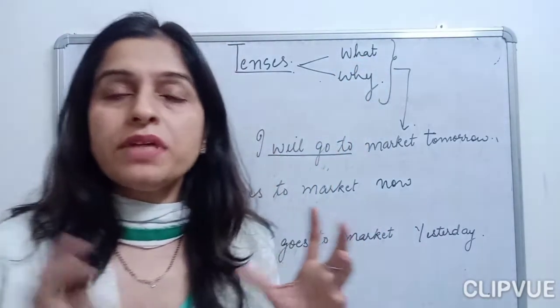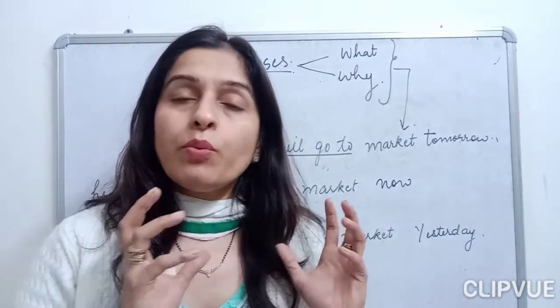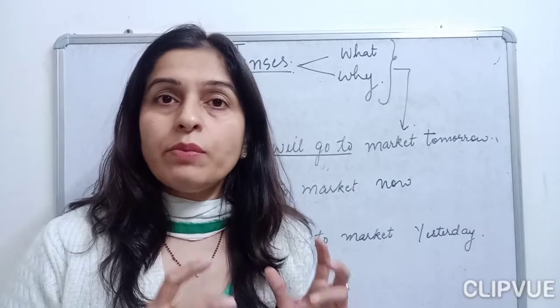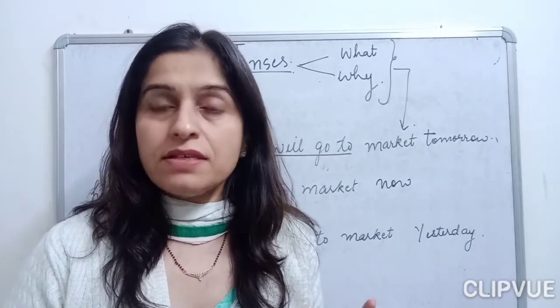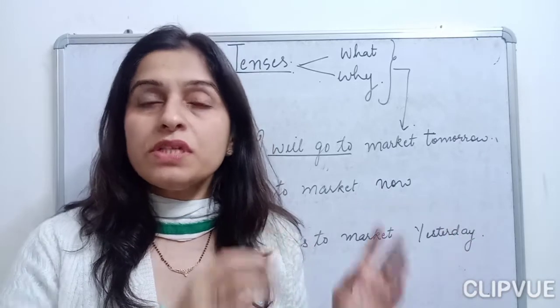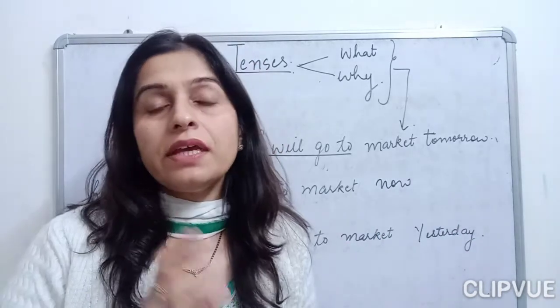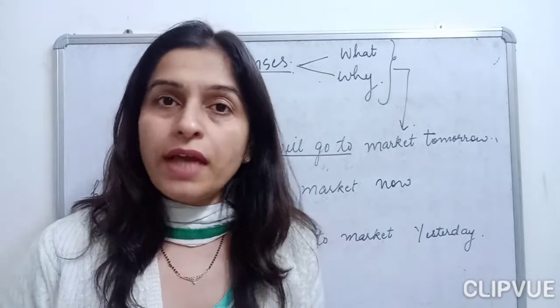When we talk about any time period when the action will be taking place, that indicates that we are talking about the tense, and that is divided majorly into three categories.